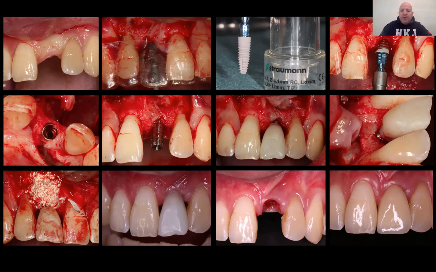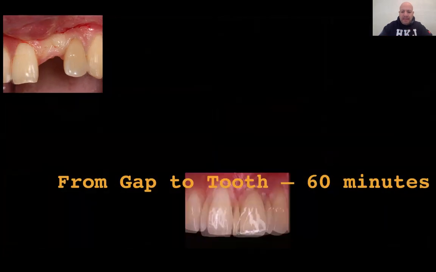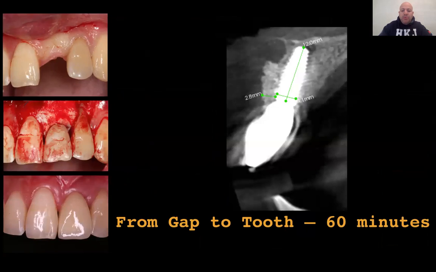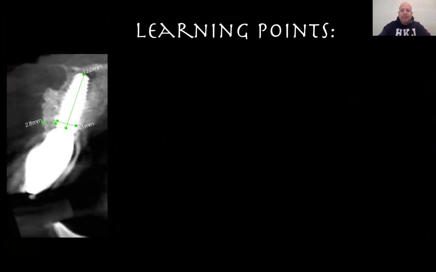As you could see on the middle row, the bottom right-hand side picture, you could see that subgingival concavity. Now, although here there were no exposed threads, I still went for GBR because I wanted the GBR to build my convexity for me, which is important when it comes to pink aesthetics. So here we went from a gap to a tooth in 60 minutes, and you could see the Postop CBCT.